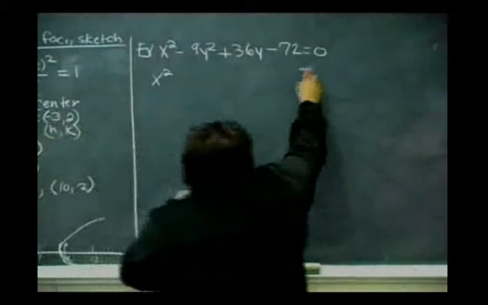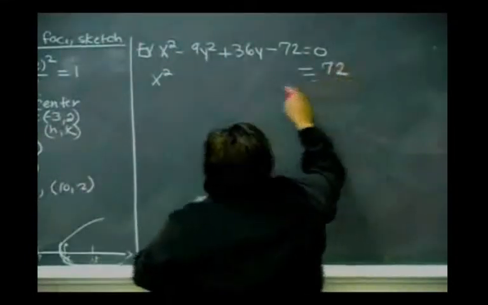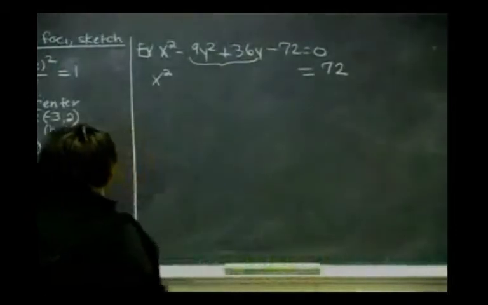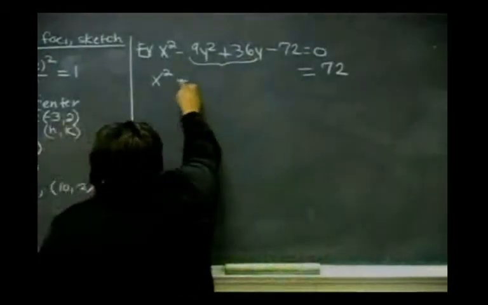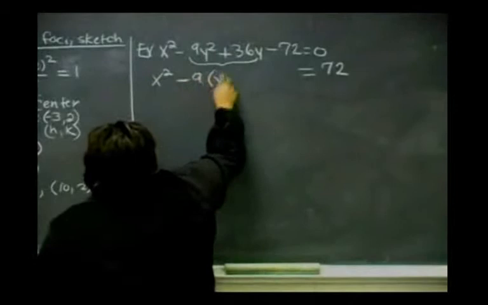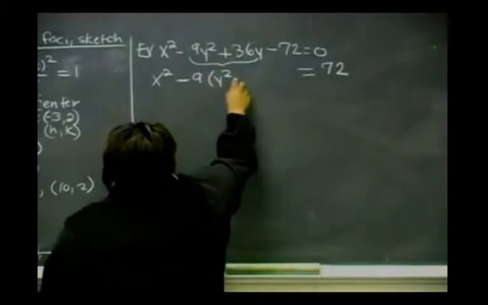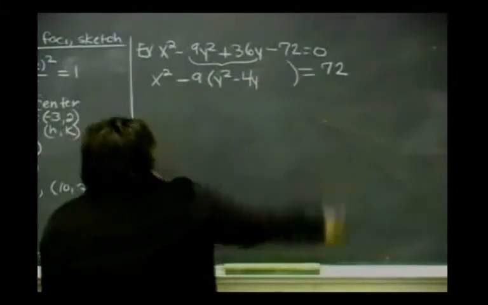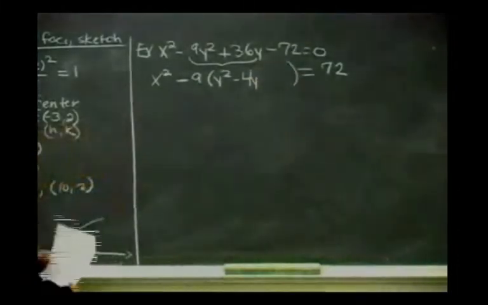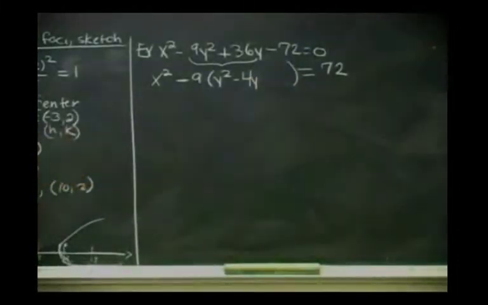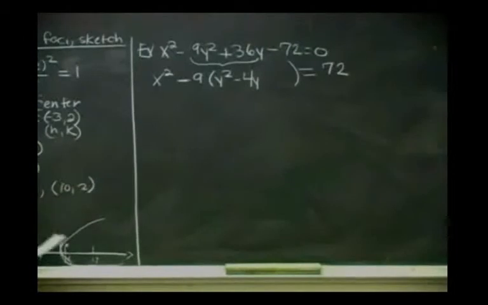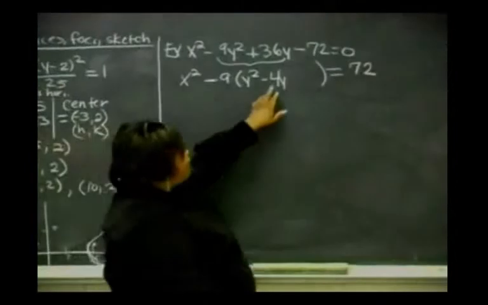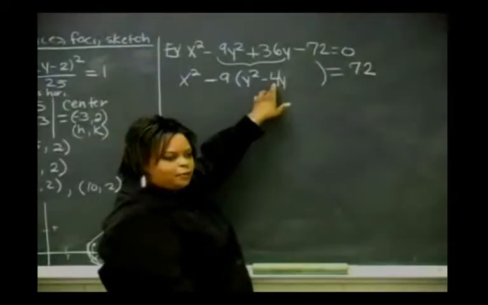Let me take my constant over. But now I look at these y terms. And in order for me to complete the square, I need my y squared to be what? Positive. So I need to factor out that negative 9 from those two y terms. So now I complete the square. Half of negative 4 is what? Negative 2.